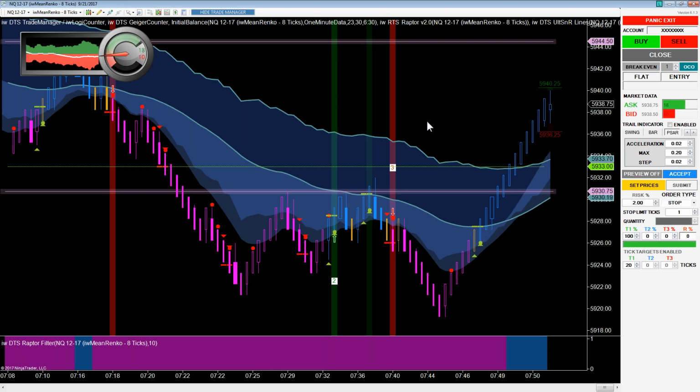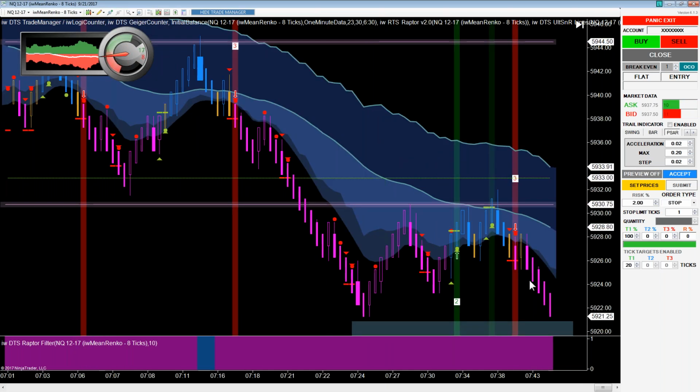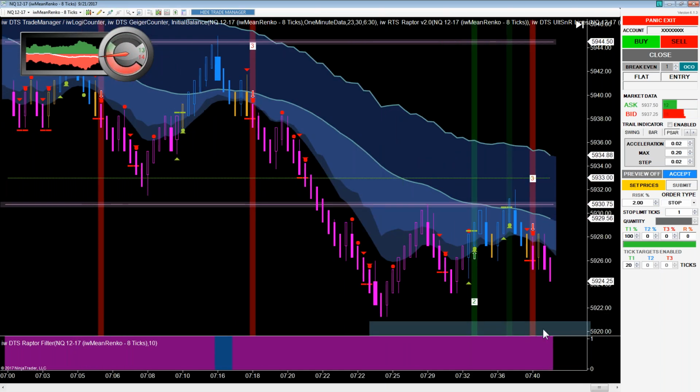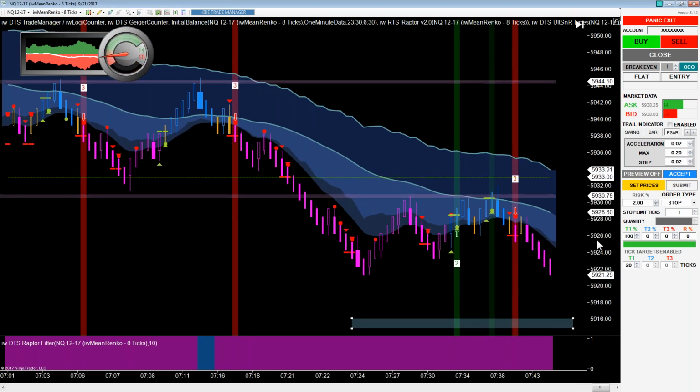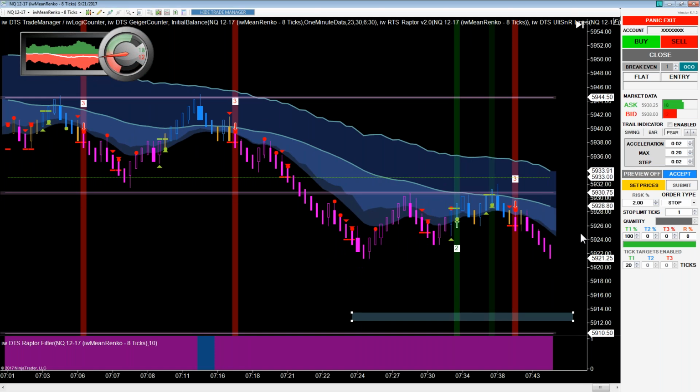Yes, good point here. Mark says, I refuse to move my stop lower, one of my cardinal rules, and that's exactly right. If this is the initial stop on your trade, and the market starts moving against you, you don't want to find yourself in a position where you keep moving your stop lower and lower and lower.